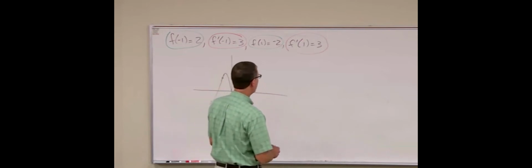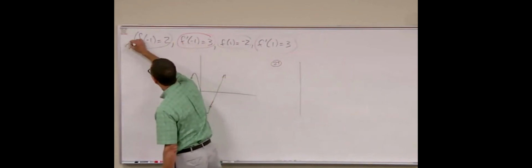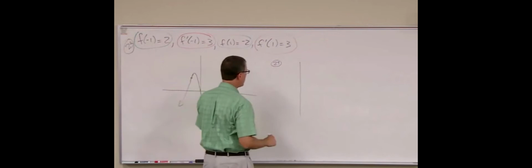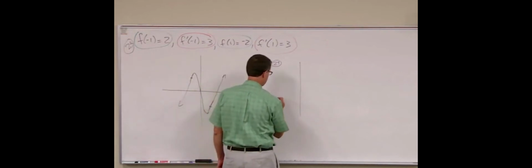29. Okay, so 29 is given as a function graph. Well, I guess this is number 29. What was that? That was 23. 29 is given as, what does it look like? Okay, it looks like that.